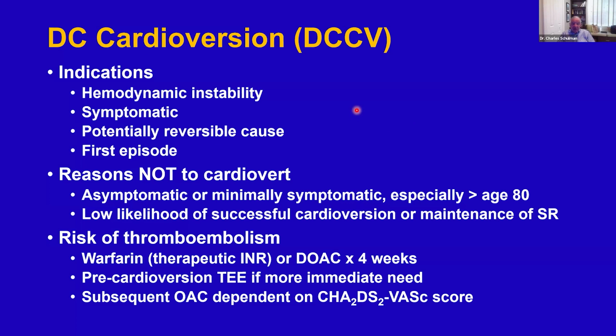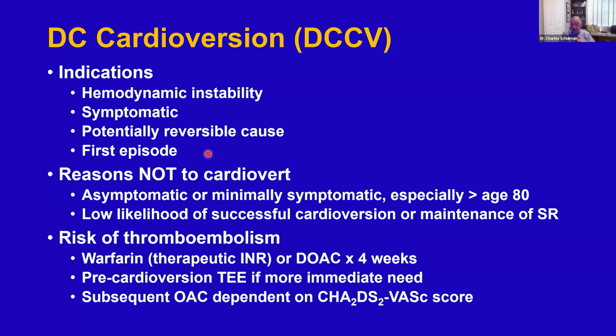Okay. What about cardioversion? The indications are hemodynamic instability, as I've already said. A patient who's symptomatic with their AFib, where there's a potentially reversible cause. And if this is the first episode, so the philosophical question is, does everybody deserve a chance at sinus rhythm?